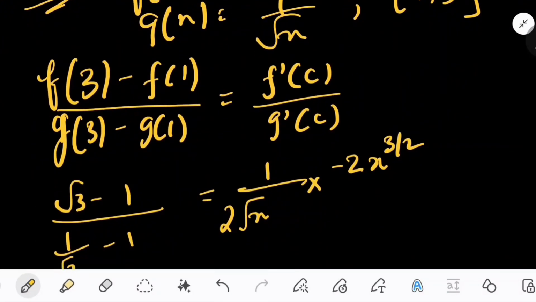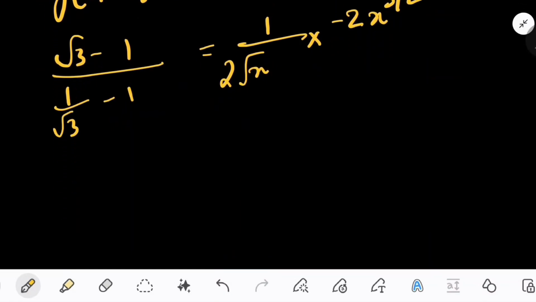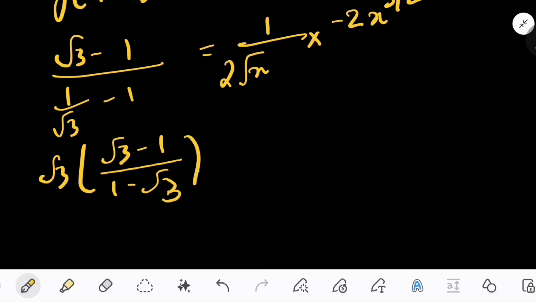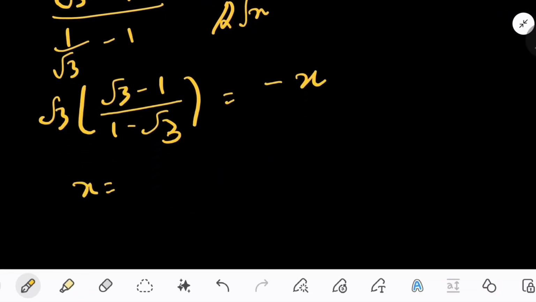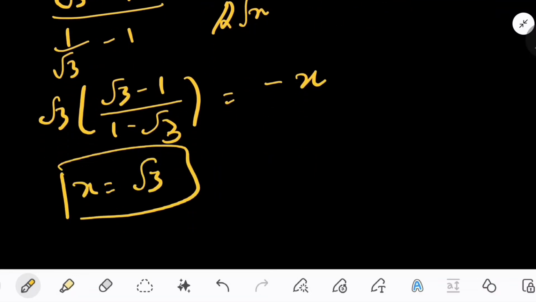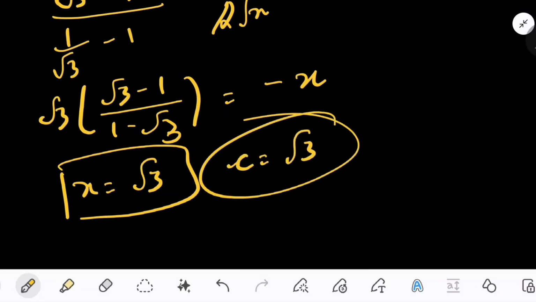It will be equal to root 3 into root 3 minus 1 by 1 minus root 3, this cancels, and you get negative x, right? You get this expression. So you get x is equal to root 3, right?